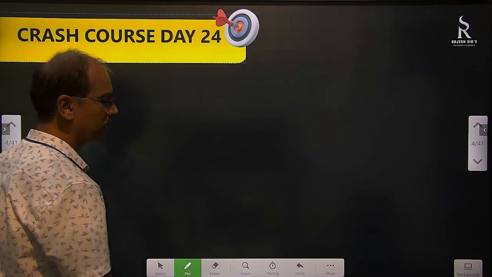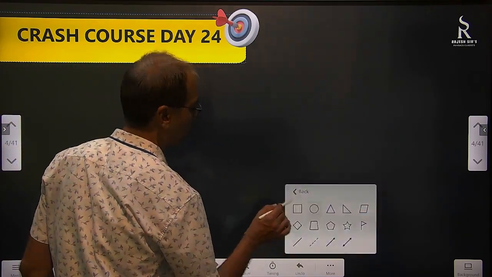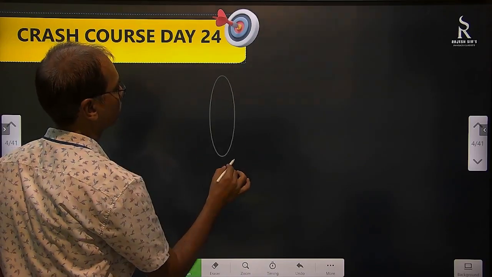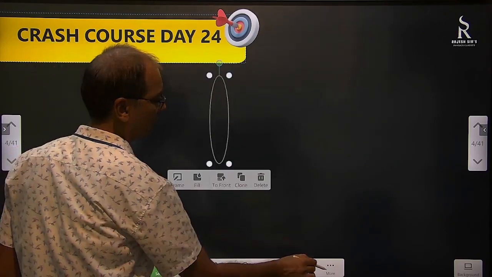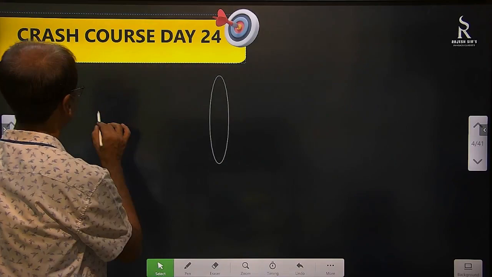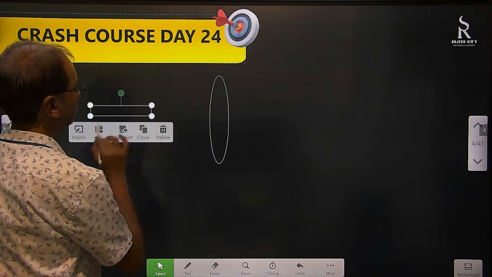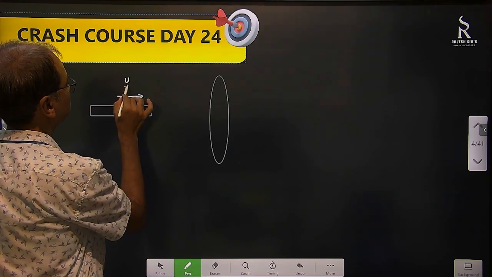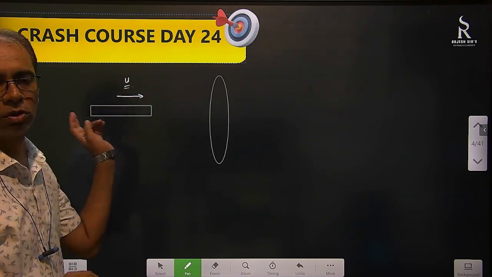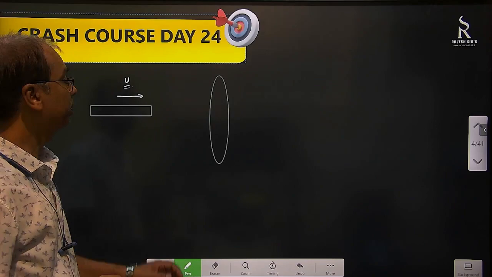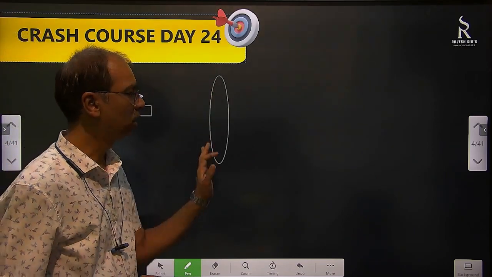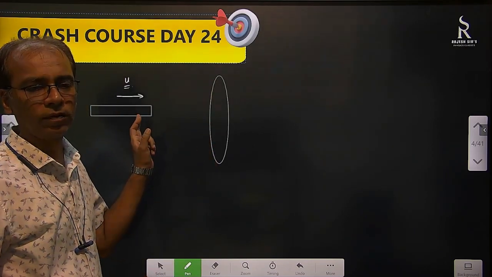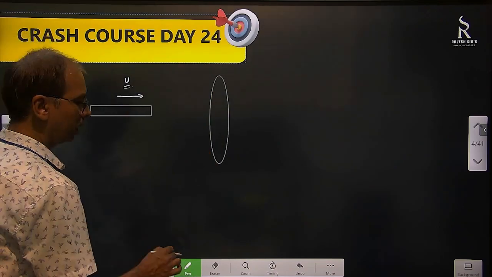So see, very simple thing is there. Suppose we have one coil, this is a coil, and we take one magnet. Here is one magnet, and suppose this magnet is thrown towards this one with speed u. Its magnetic field is there.